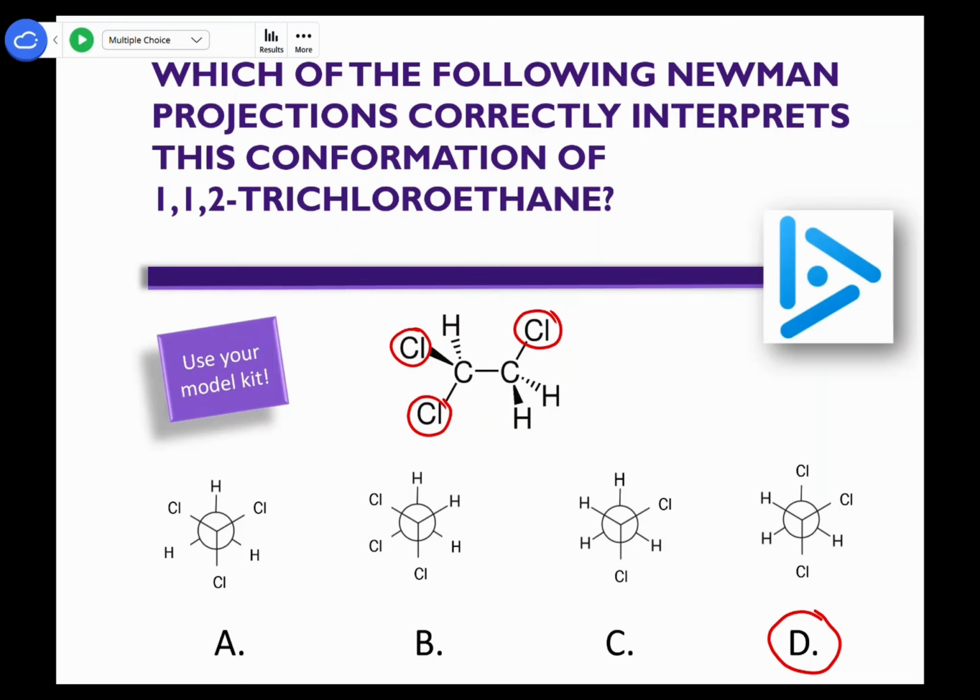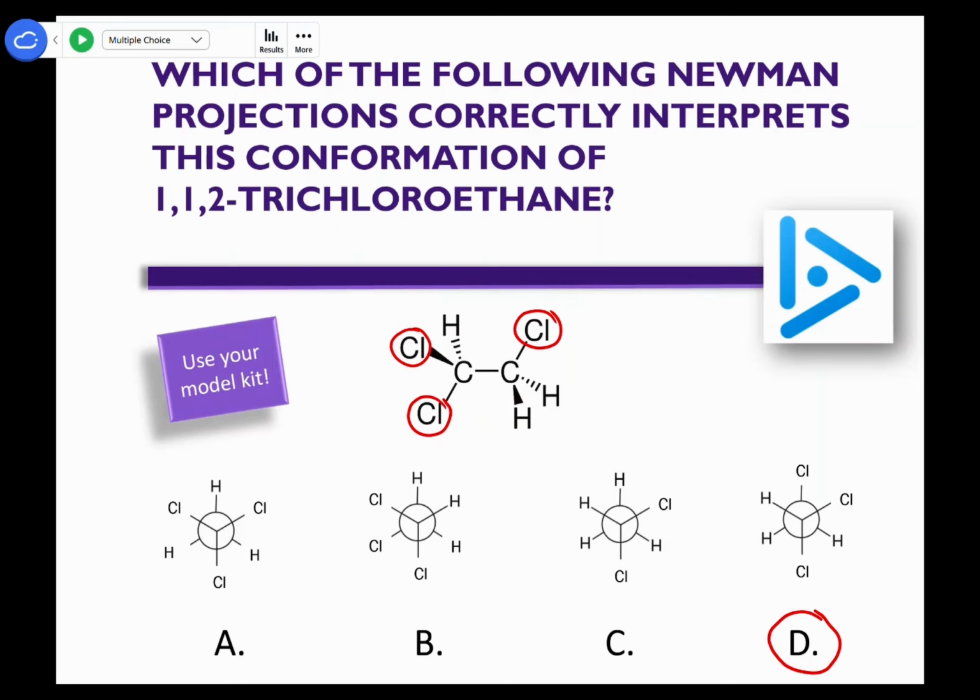In option D, you can see the front carbon has 2 chlorine bonds, so I'm going to cover these up. One pointing straight down, one pointing up to the right, and a hydrogen up to the left. The back carbon chlorine is pointing exactly straight up, right between the front chlorine and hydrogen atom.